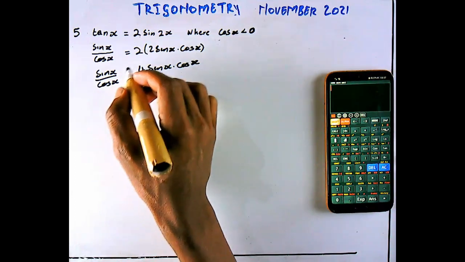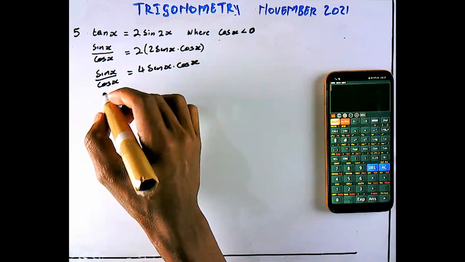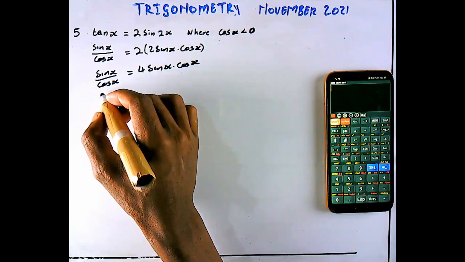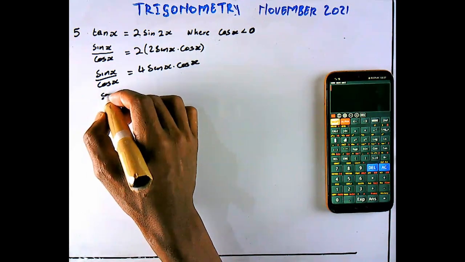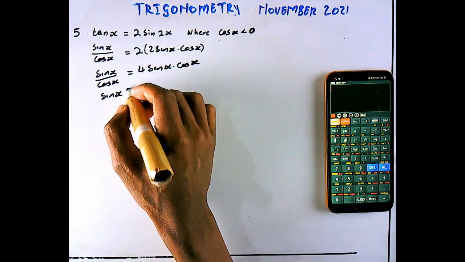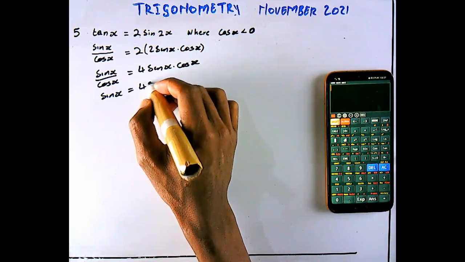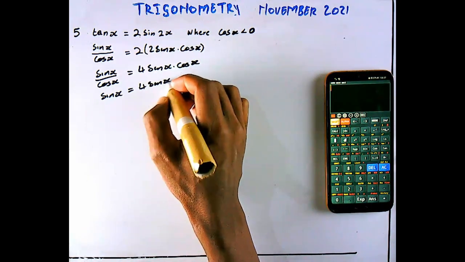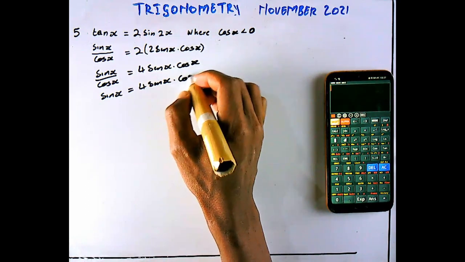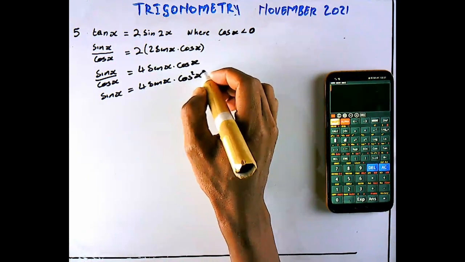And then here we cross multiply, we're going to have sine x equals 4 sine x multiplied by cos squared x.